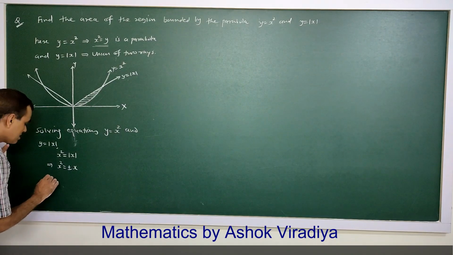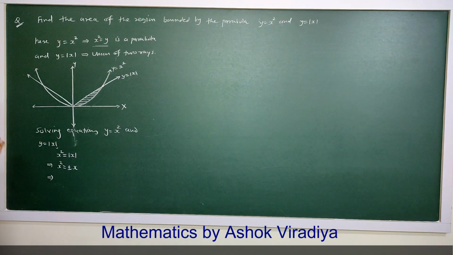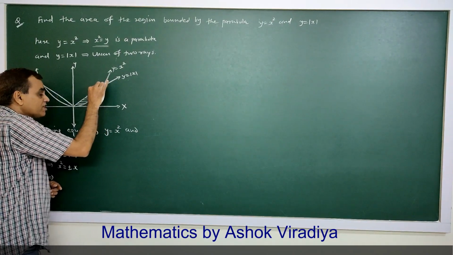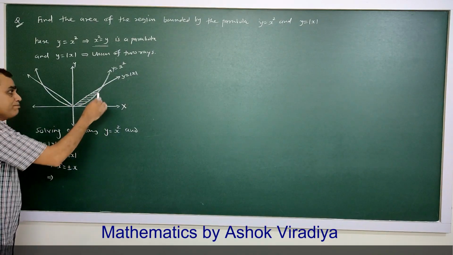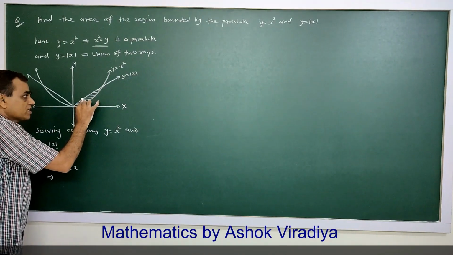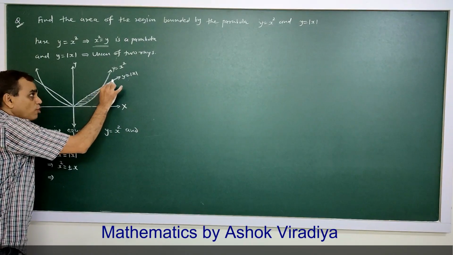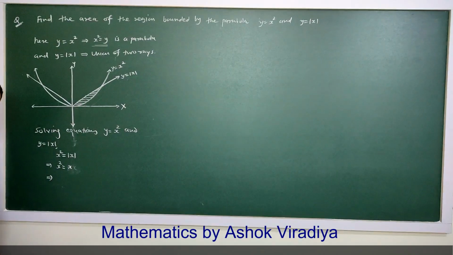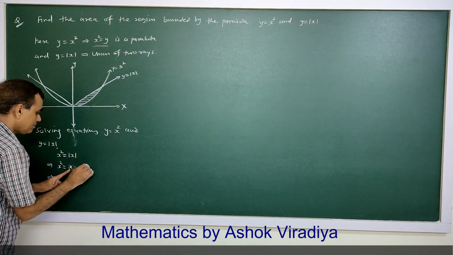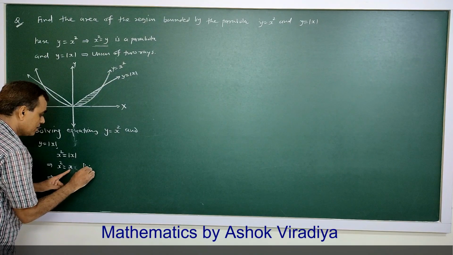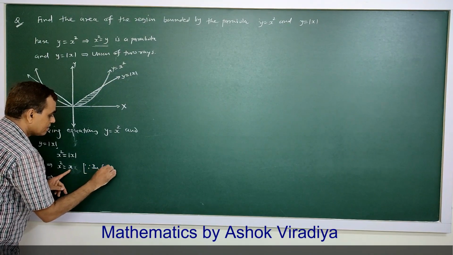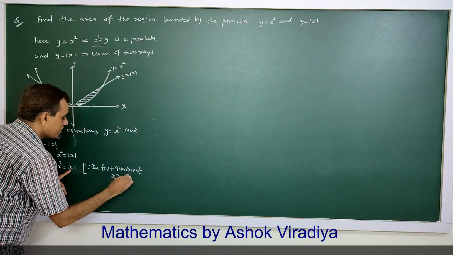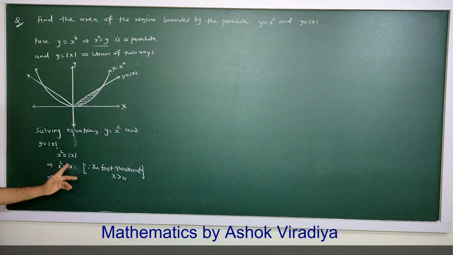Now see, because we want the point of intersection in the first quadrant, every point on this curve has positive x coordinate. So I keep here modulus x equal to x only, because in the first quadrant x is positive, so modulus x is x.